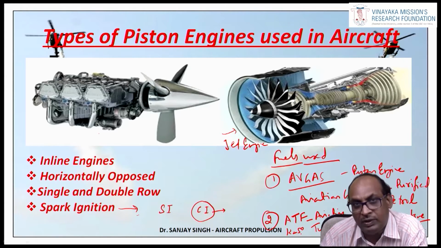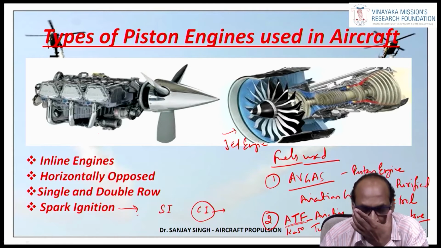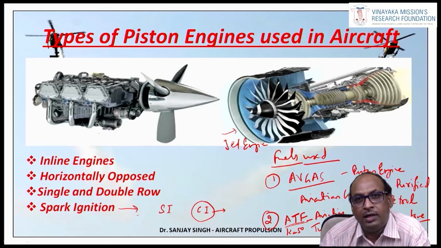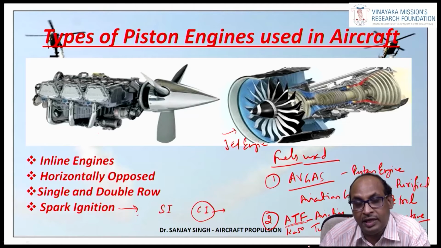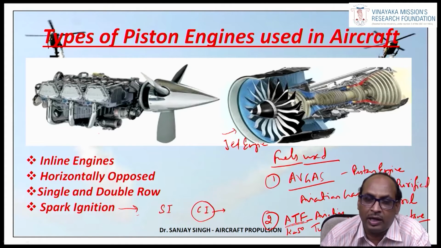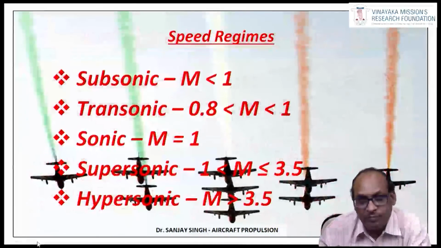So up to minus 50 degrees centigrade, in this aviation turbine fuel there will not be any formation of ice crystals. So that much temperature will not have any effect on the aviation turbine fuel, and it will continue to get supplied in the engine for continuous combustion. So that is there. Okay.